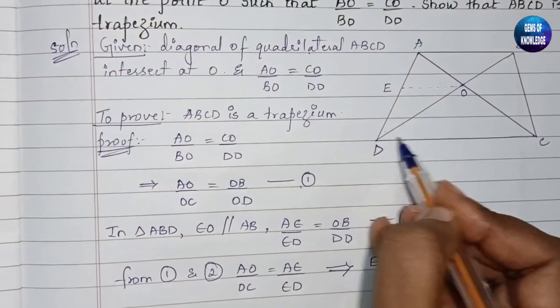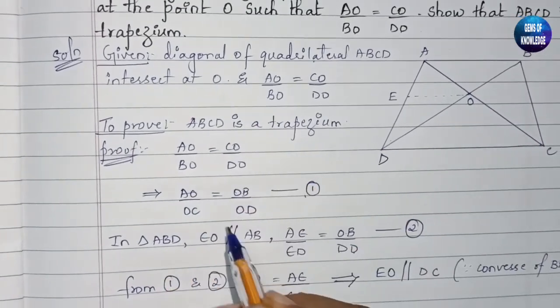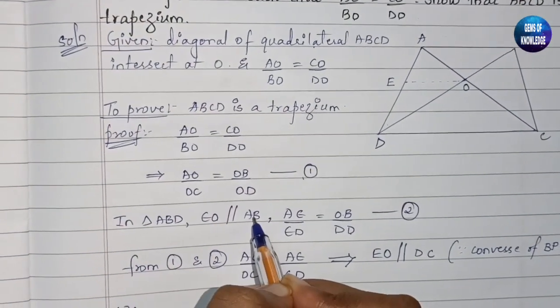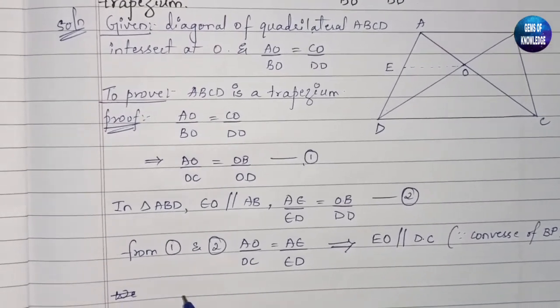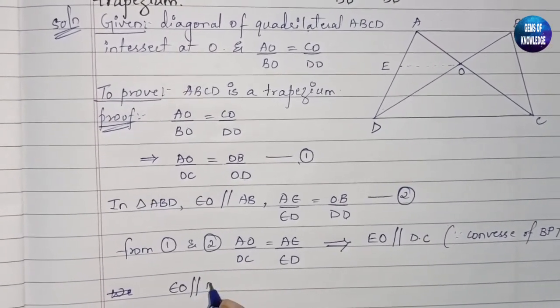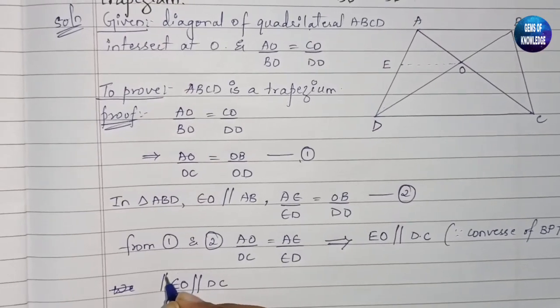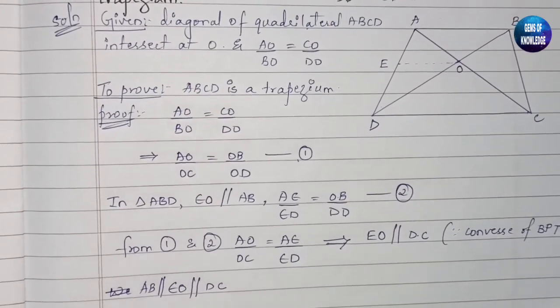So EO is parallel to DC we wrote, but earlier we wrote EO is parallel to AB. So EO is parallel to DC, and this EO is parallel to AB also.